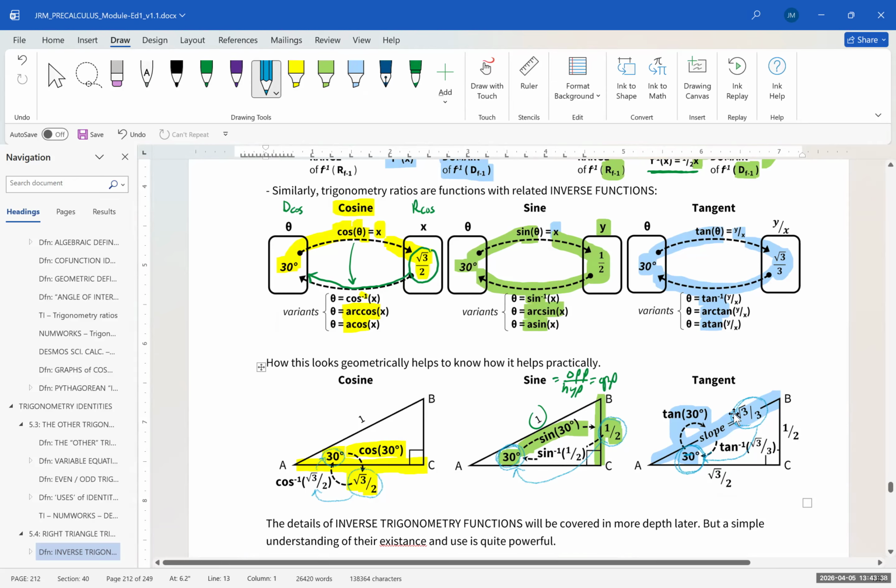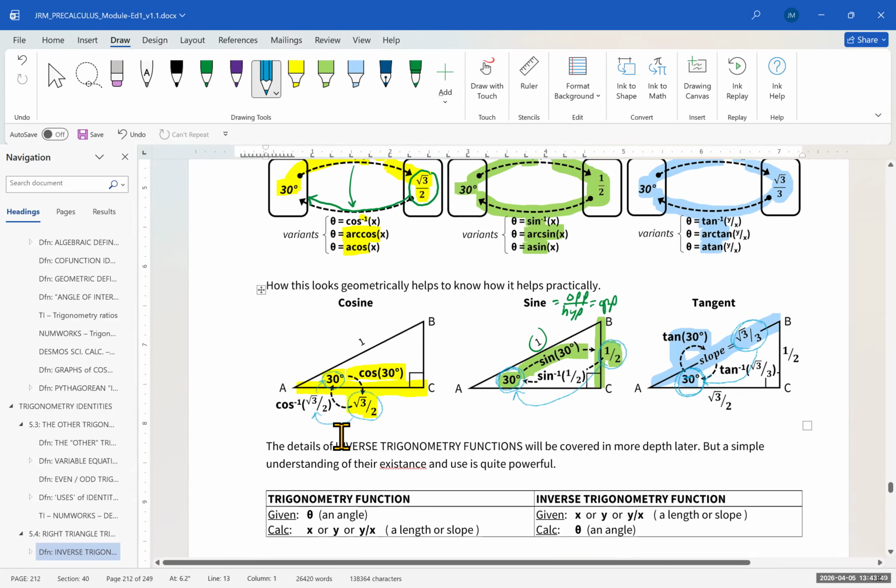So this basic concept here is a huge concept which applies to a multitude of different disciplines. And so the details of these inverse trig functions are going to be covered in more depth later, but a simple understanding of their existence and use is quite powerful.